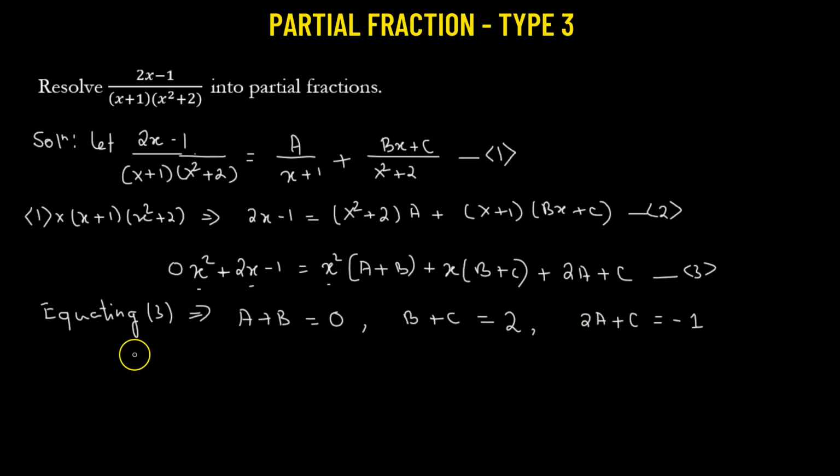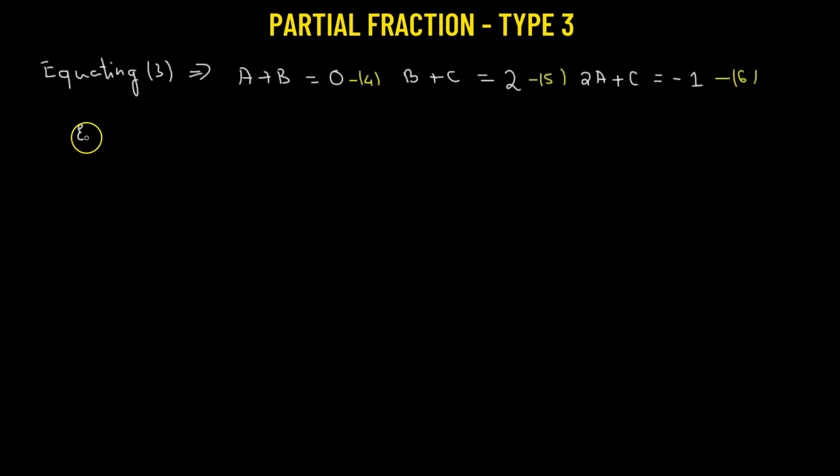Okay, fine. Let's label these as equation number 4, number 5, and number 6. Now let's take equation number 4, and from it subtract equation number 5. Here we have A + B, so B minus B goes away, and we have -C. So A - C = 0 - 2, which is -2.